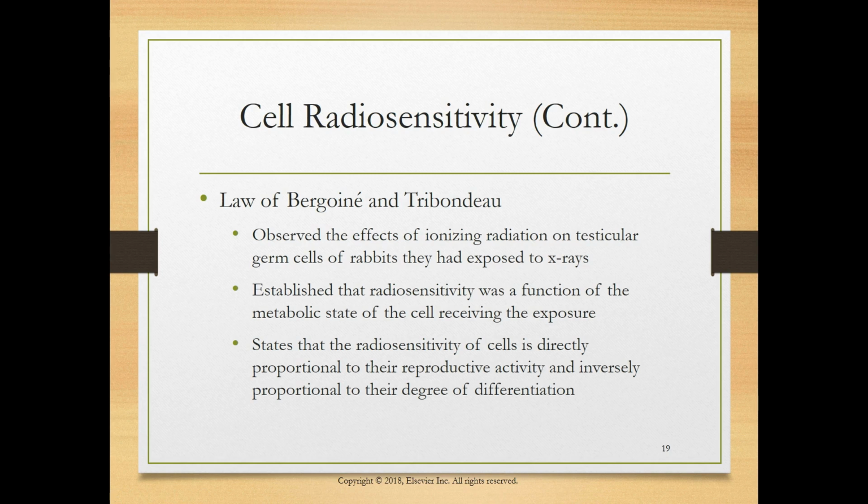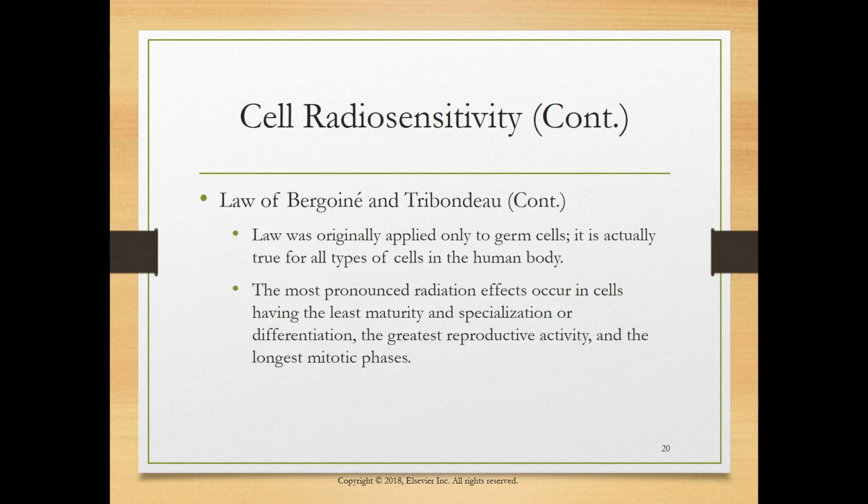They established that the radiosensitivity was a function of the metabolic state of the cell. And even though this was originally thought to be just on germ cells, it has now been proven that it is actually true for all types of cells in the human body. And so just remember, least maturity and specialization or differentiation, greatest reproductive activity, longest mitotic phases.